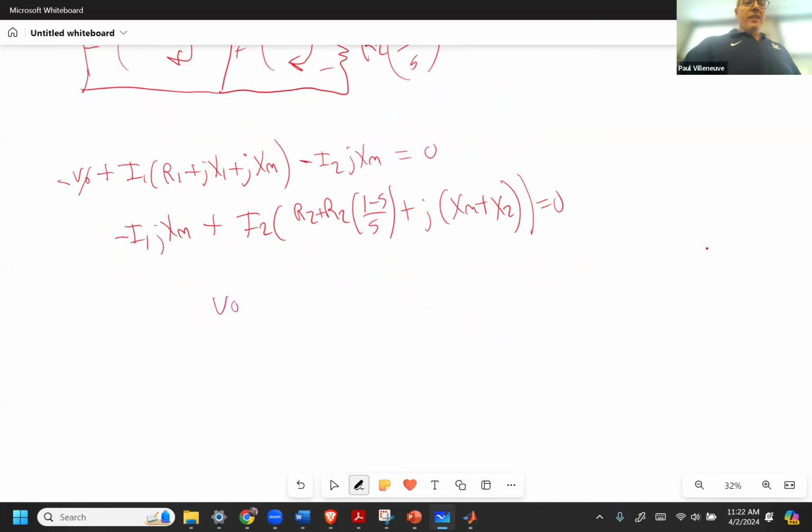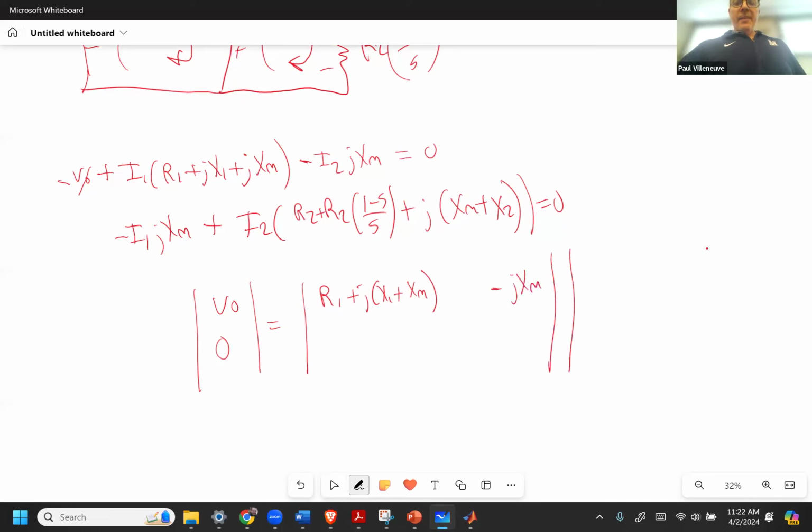So I have V0 and 0 in a matrix, which is going to be equal to R1 plus j(X1 plus XM), minus jXM. And that multiplies my I1 and my I2 variables, which are unknown. And then it's a symmetrical matrix, minus jXM.